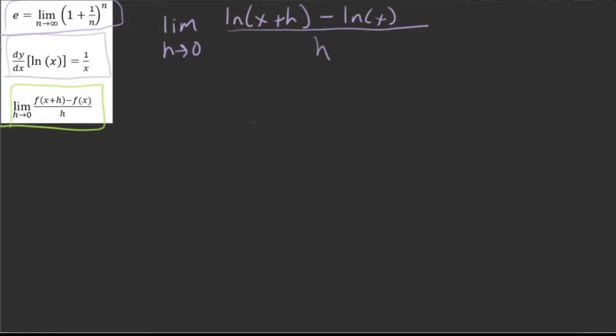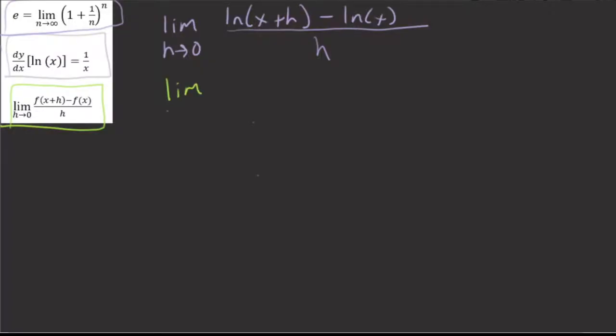So it's important here to remember some of our laws of logarithms. And we can remember that whenever you're subtracting two logarithms, that's really the same as if you were dividing them. So we can go down to this next step. We can just say the limit as h approaches 0 of ln of x plus h over x, all over h.